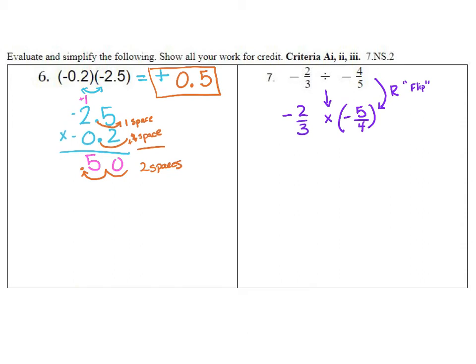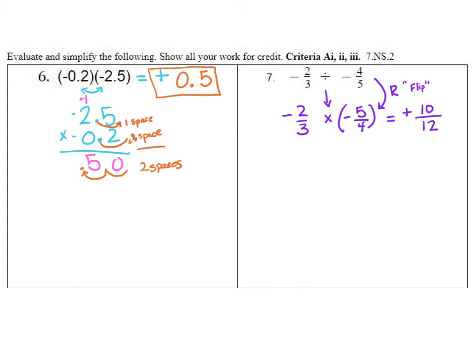Now I can multiply straight across and then simplify, or I can simplify first. I'm going to multiply straight across. A negative times a negative is a positive. So 2 times 5 is 10, and 3 times 4 is 12.